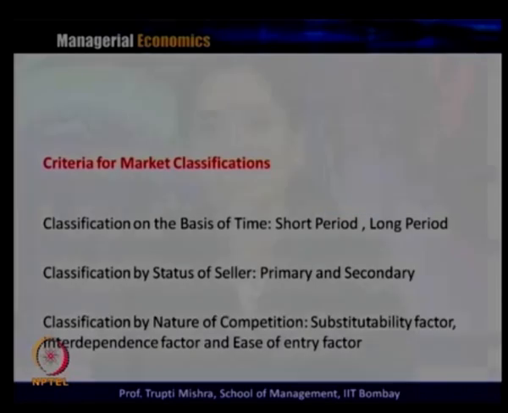So, our focus is mainly on this, that when we are classifying the market on the basis of the nature of competition, there are three major factors, there are three major variables through which we differentiate the market one from the other.